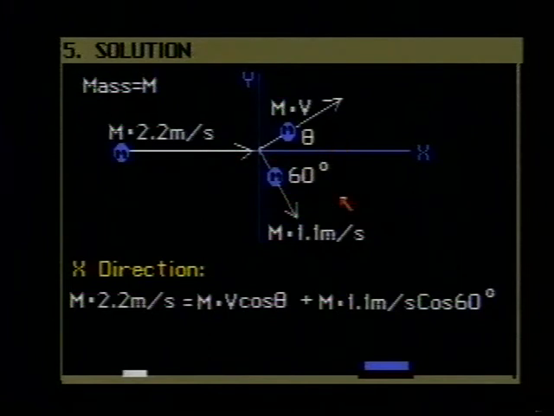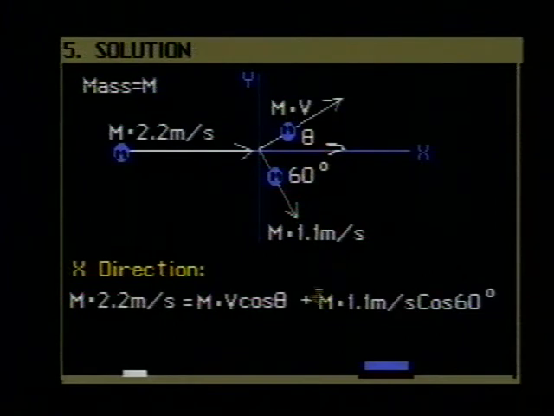Applying conservation of momentum to this system in the x direction, the original momentum of the system in the x direction is m times 2.2 meters per second. The final momentum in the x direction is found by finding the components of that momentum for each of the balls. For the cue ball, the component is mv cosine theta in the x direction.